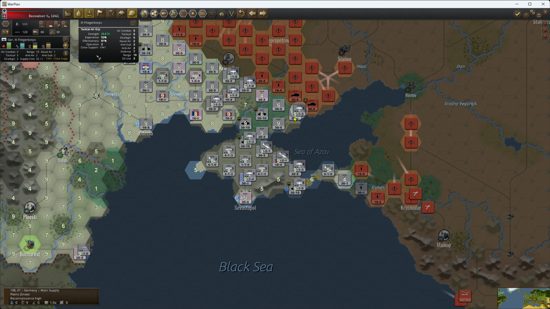Flieger Corps 3. Must be ME-110s. They're not that great. We'll move them up here.